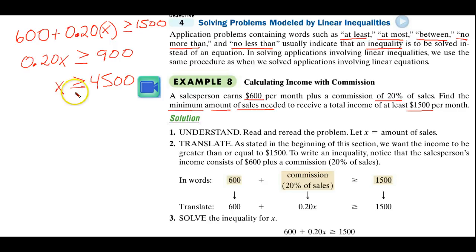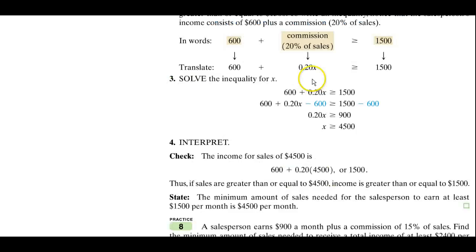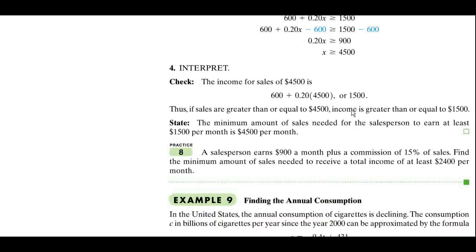And it would be, you would have to have equal to or greater than $4,500 in sales to guarantee this salary. Now in your textbook they go through it in much more detail. I gave you the short version.